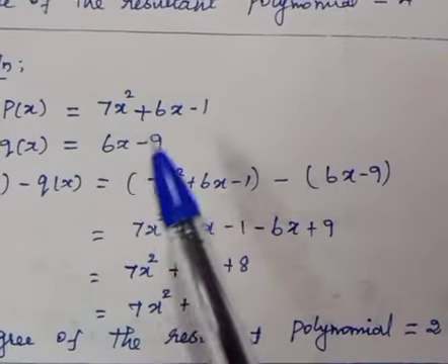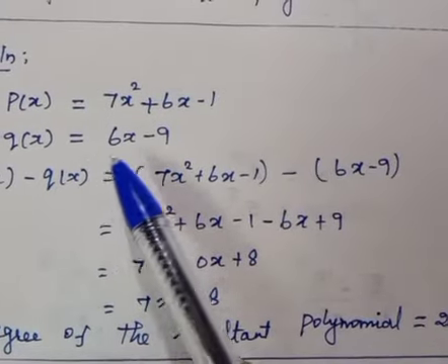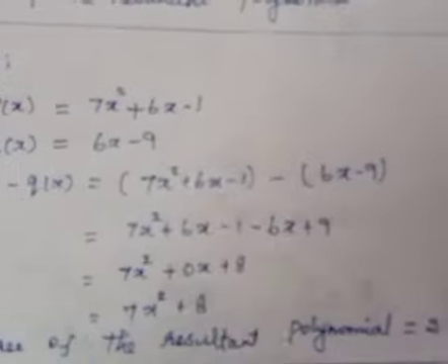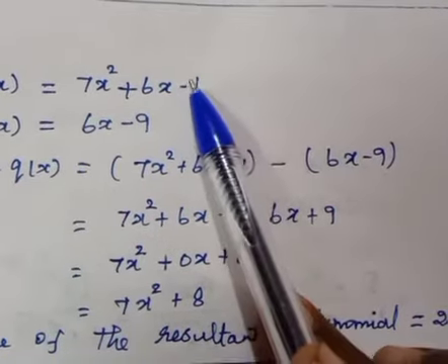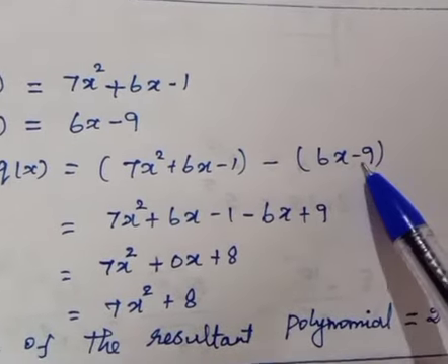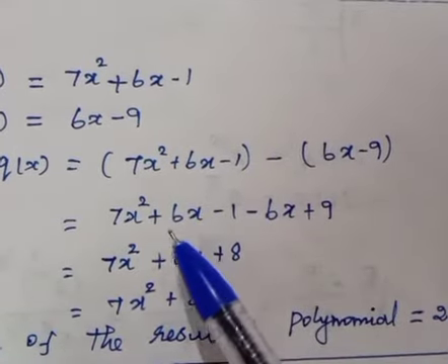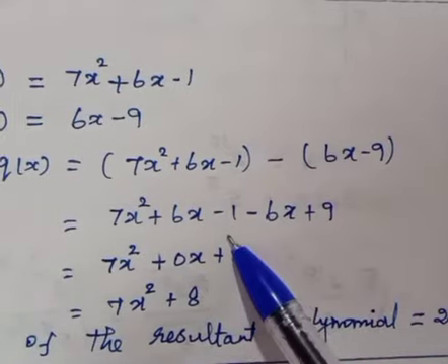Listen students, p of x is equal to 7x square plus 6x minus 1. Q of x is equal to 6x minus 9. These are the given polynomials. Now you have to find p of x minus q of x. Write inside the bracket first polynomial minus second polynomial. The first polynomial does not get any changes, just take and write 7x square plus 6x minus 1.